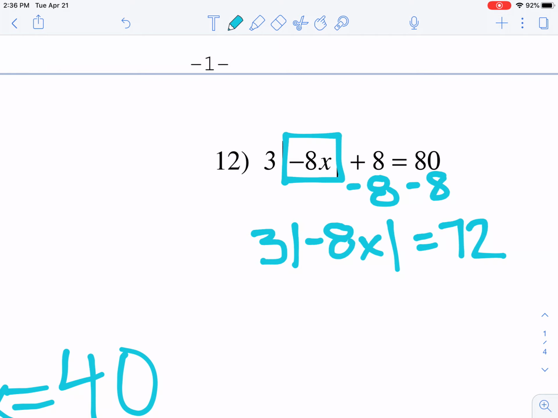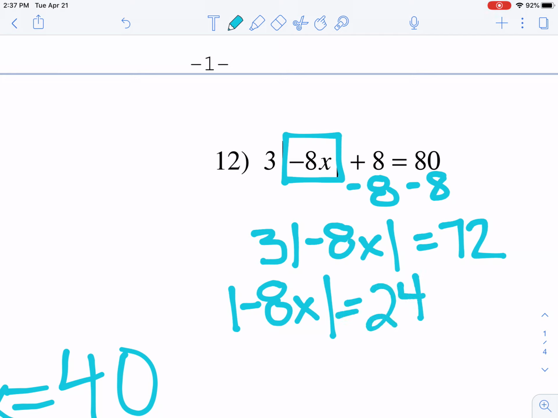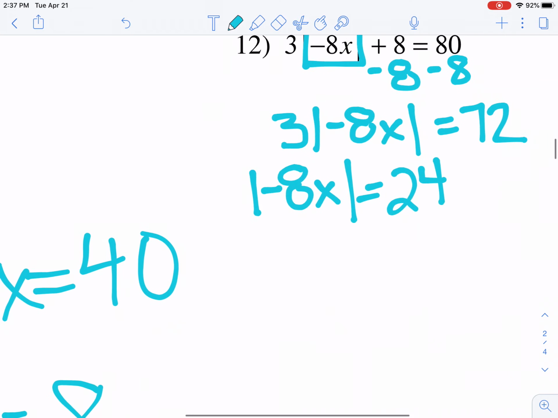Then I'm going to divide by 3. So I'm left with the negative 8x in the absolute value bars equals 24, because 72 divided by 3 gives me 24.